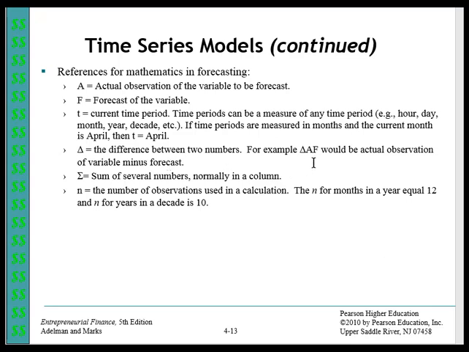So delta AF would be the actual observation minus the forecast. The sigma here represents summing numbers up, and N is the number of observations. So again, if it's months, right, it's 12 months in a year. It could be 10 years if it's a decade, right? So that's essentially how the variables are going to be identified.